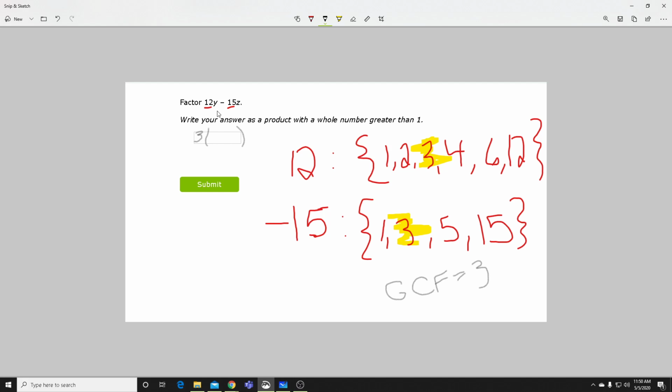And then to figure out what goes inside, you need to divide both of the coefficients by the GCF. So we're going to do 12y divided by 3, 4y, and then negative 15z divided by 3.